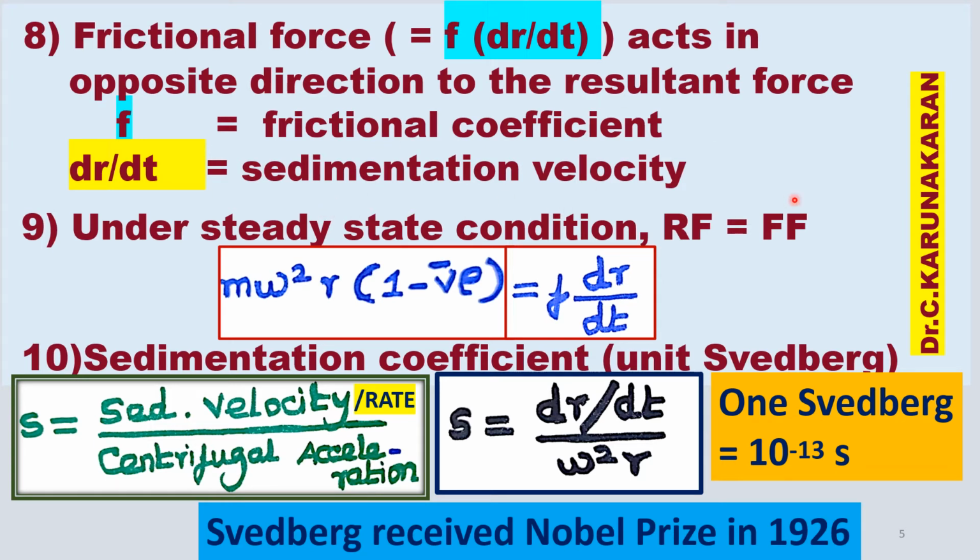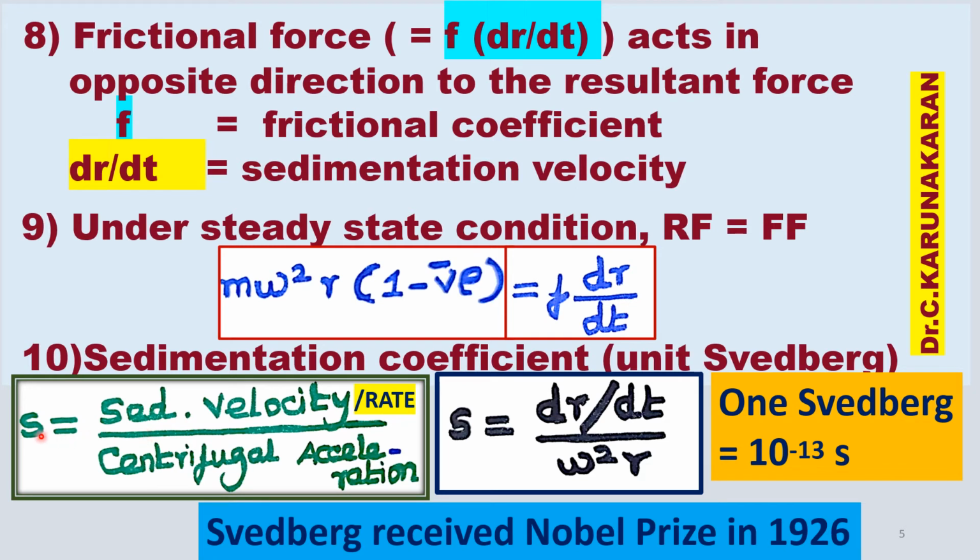Under steady state condition, after some time, a steady state is reached. Under steady state condition, the resultant force is equal to the frictional force. This is the resultant force we have already calculated, and this is the frictional force. What is the sedimentation coefficient?